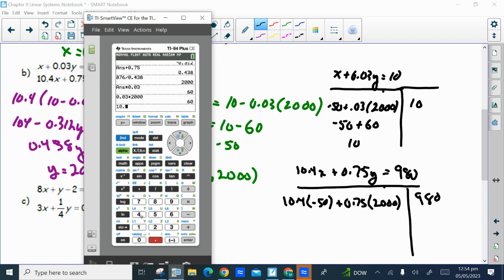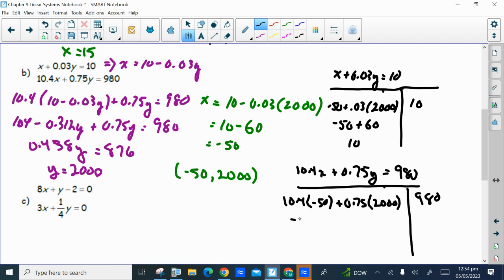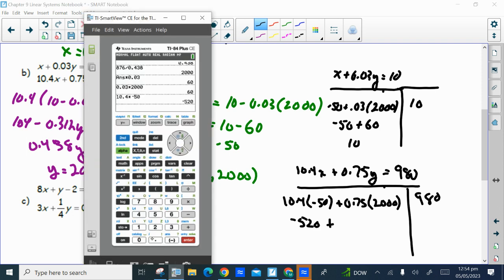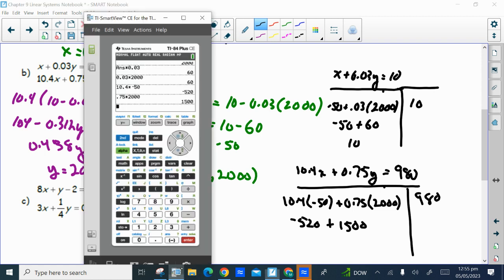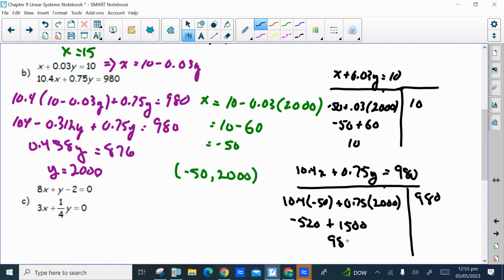So 10.4 times negative 50 is negative 520, plus 0.75 times 2,000. That'll be 1,500, I think. Yep. And you're going to add negative 520, which gives you 980, same thing as on the right.